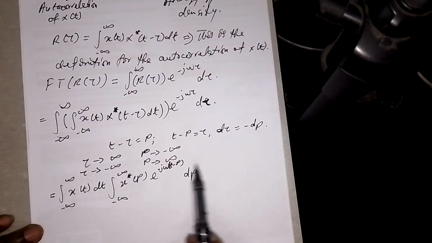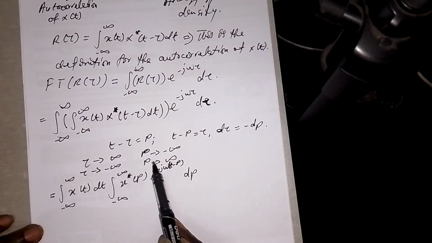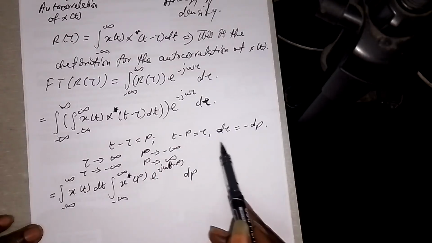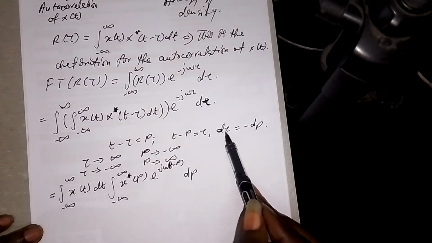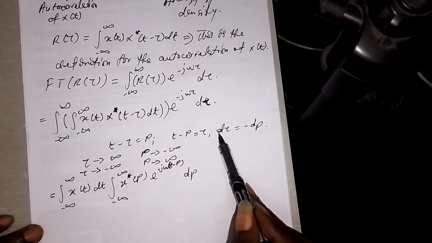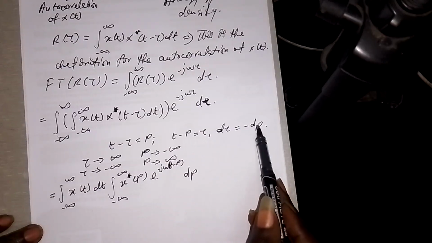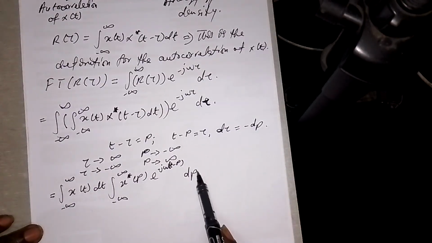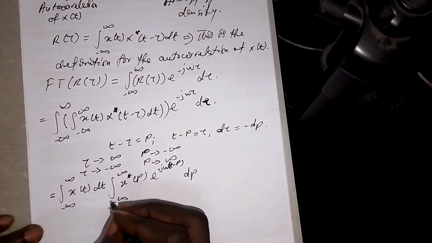We say that d tau is equal to minus dp. So here is the d tau, so it must be minus dp. But I cannot write minus dp; it would rather affect the limit.